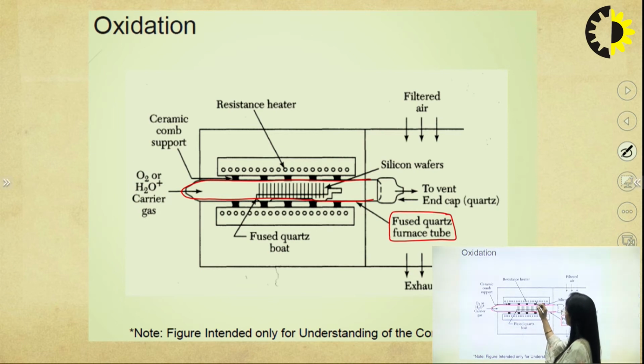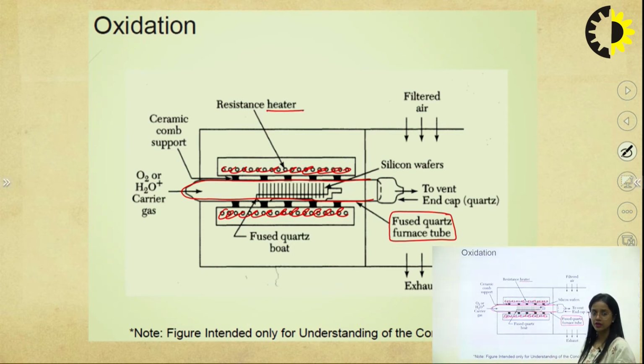We can see this is a heater, this is also a heater, and here also we have a heater. So this heater will of course maintain the temperature environment. We have heaters on both sides, and we have a susceptor which will hold the wafers. See, these are the wafers.